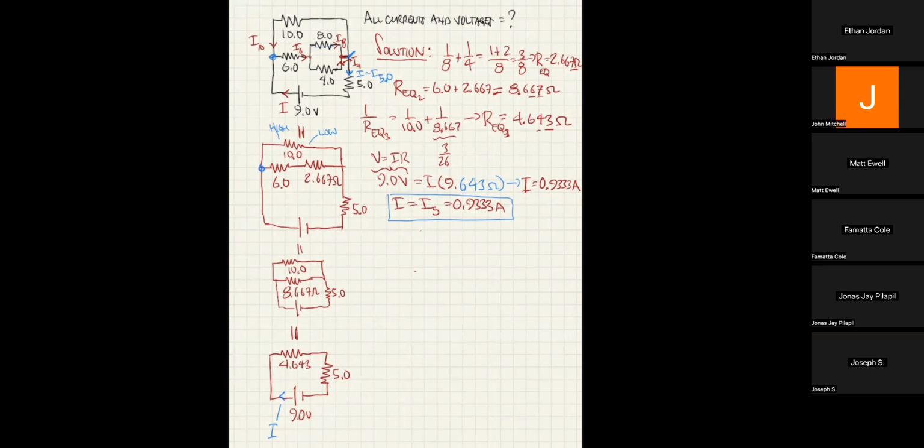That was Sydney. All right, so now that I've gotten I5, I can realize that that I5 is actually going not into a true 4.634 ohm resistor. It's actually going to break apart, and part of it's going to go into a 6 ohm resistor.